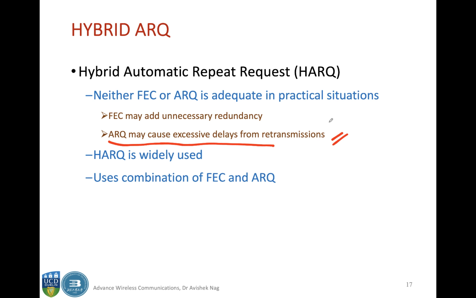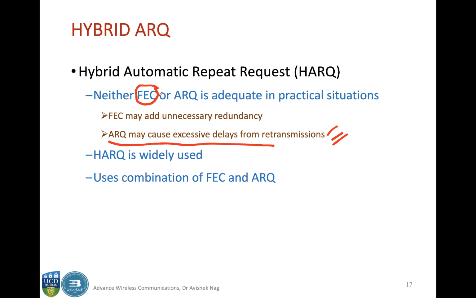And then when you are using forward error correction, as you saw in your previous lectures, basically it corrects the error, not only detects it. In case of ARQ, it detects the error and then there are retransmissions.